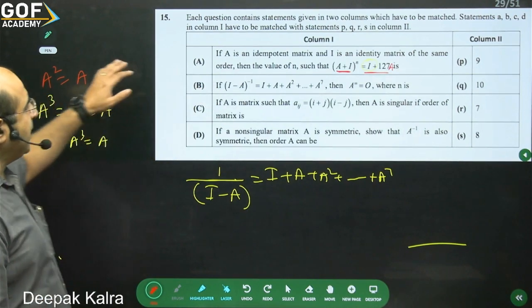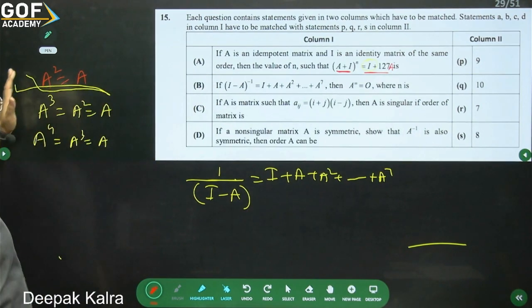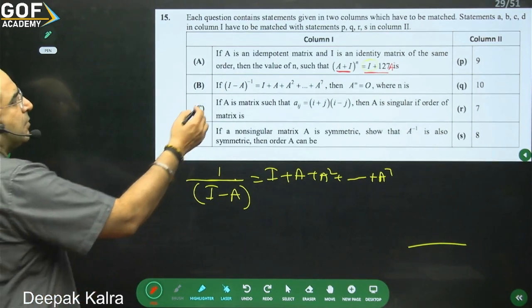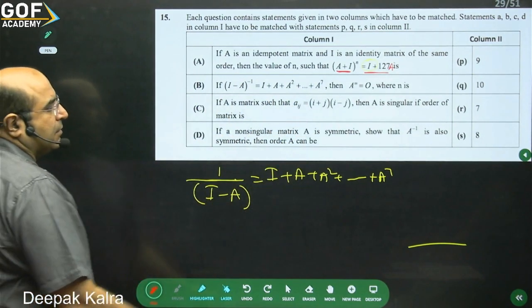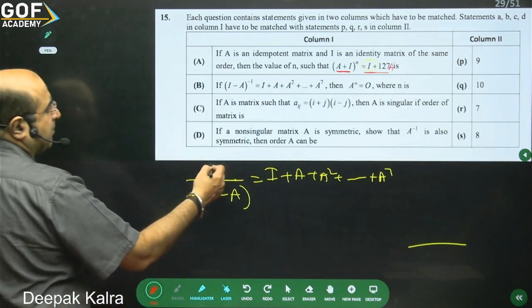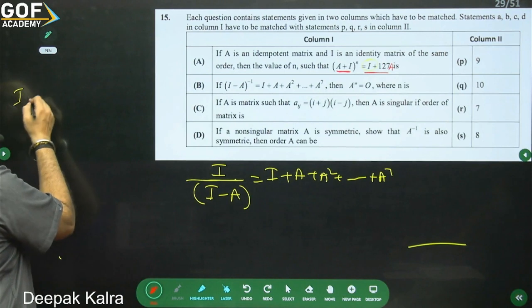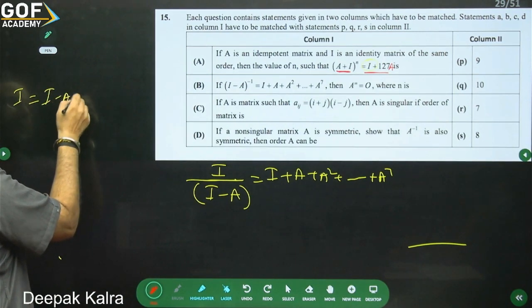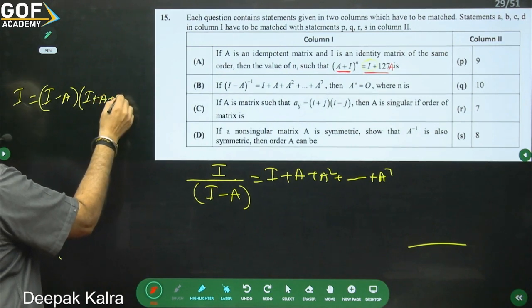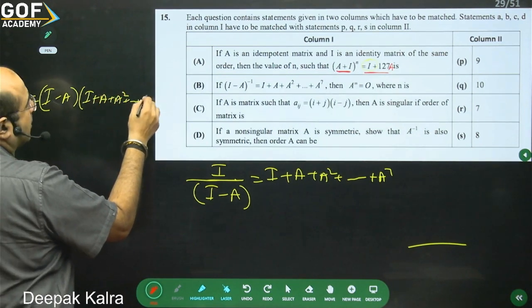Here you cannot apply this idempotent concept. This is not applicable. This is only for first part, not for B. So I take I minus A on that side and this is 1 means I only. I equals I minus A multiplied by I plus A square up to A power 7.